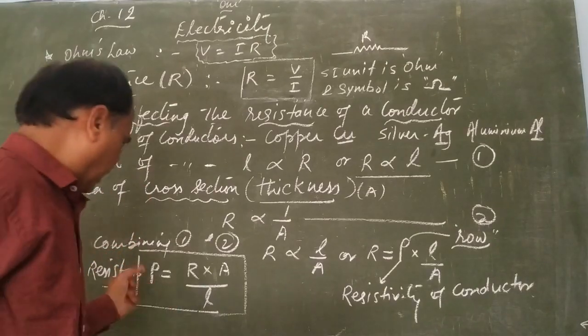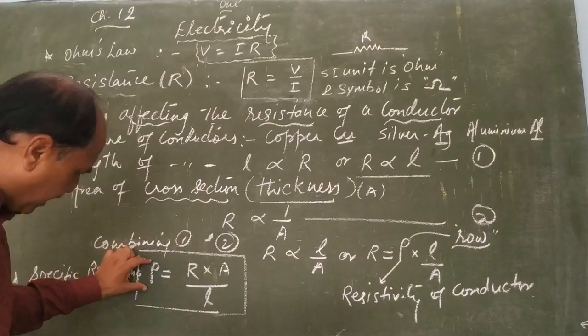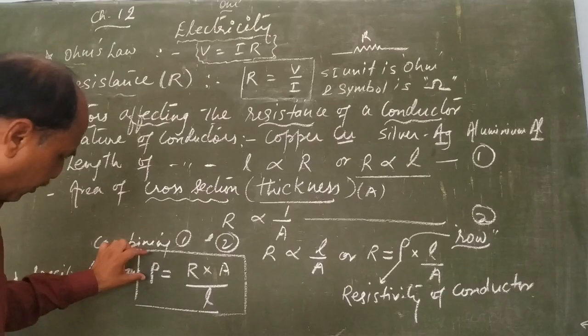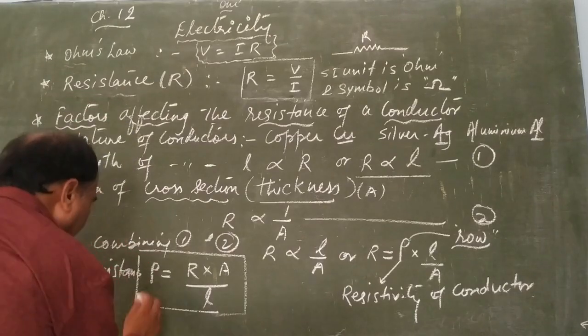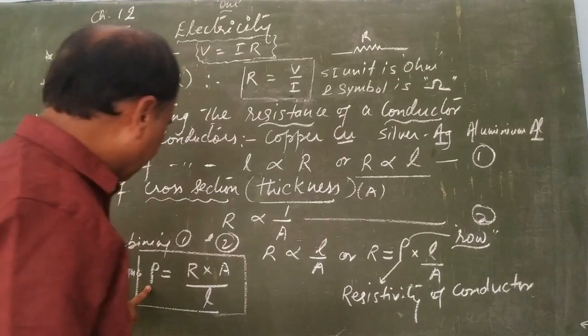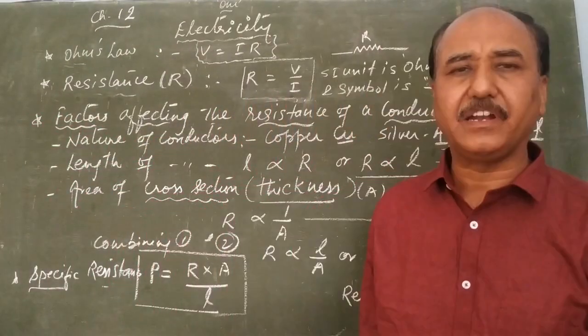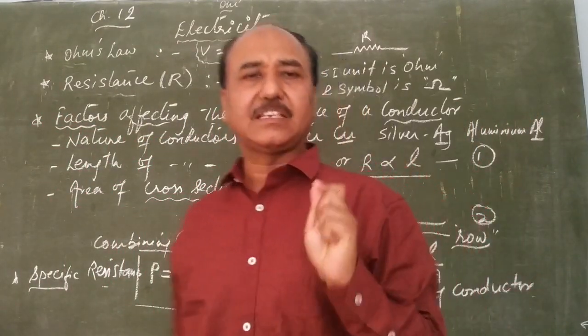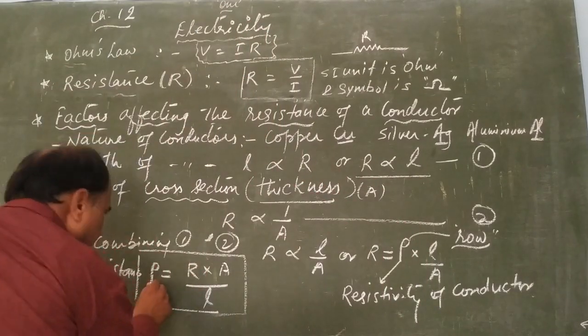Now, what is rho? If I take the value of rho, first of all, let us see what its SI unit is. Very important is the SI unit. What is the SI unit of rho?